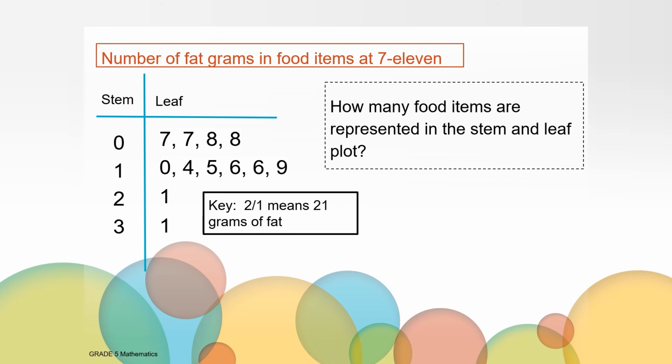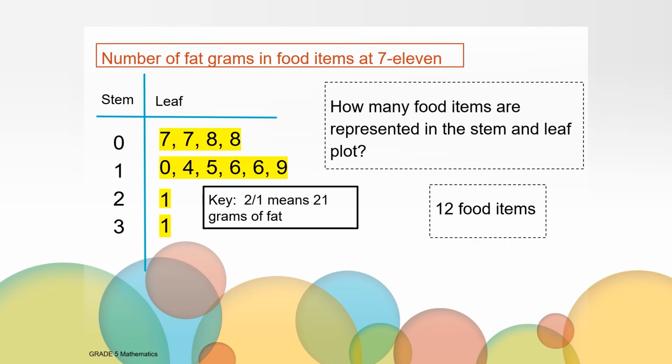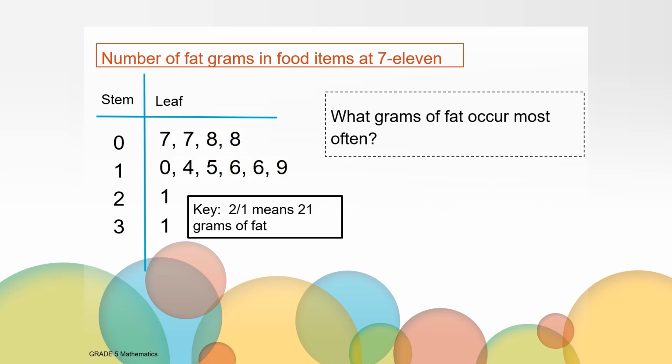How many food items are represented in the stem and leaf plot? There are 12 digits in the leaf section, which means that there are 12 food items represented in the stem and leaf plot. What grams of fat occur the most often?